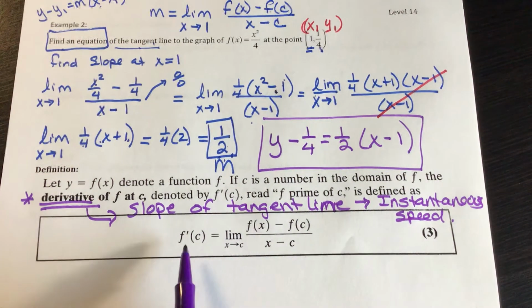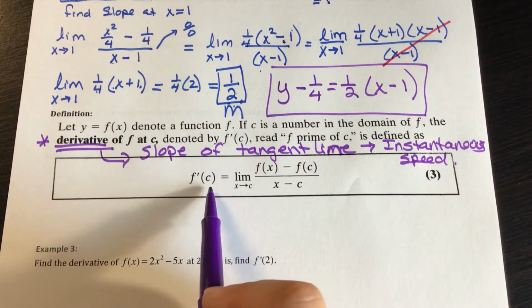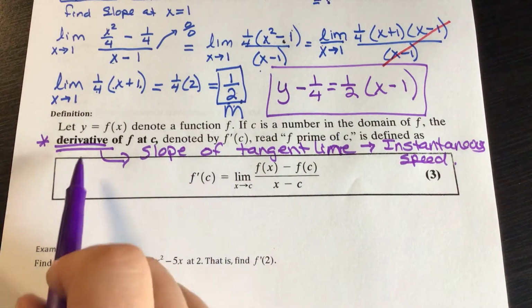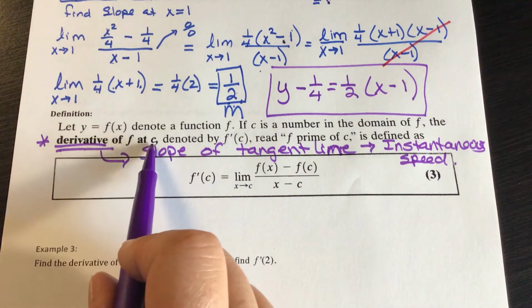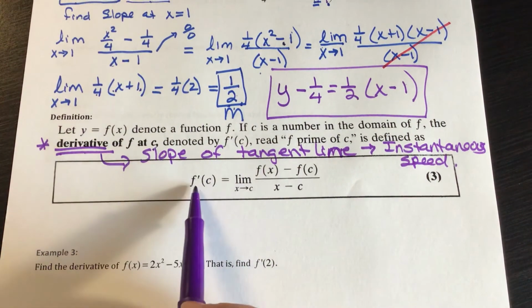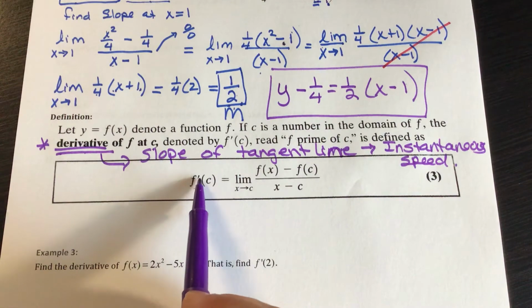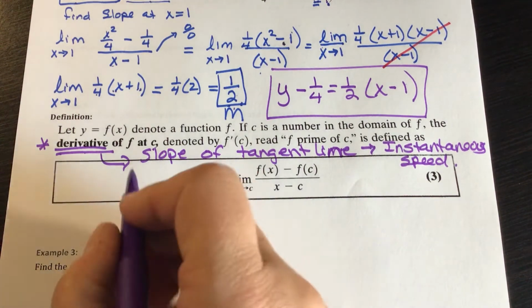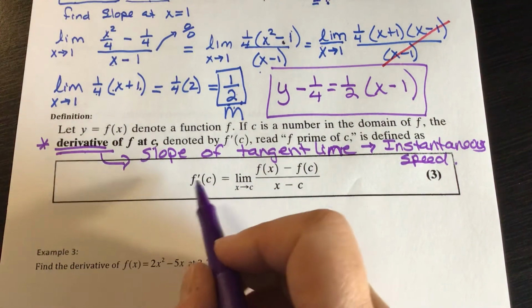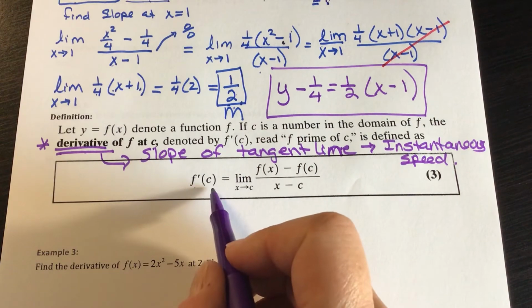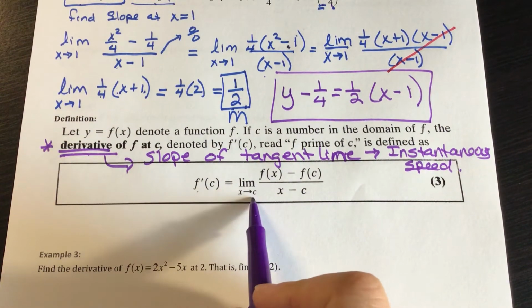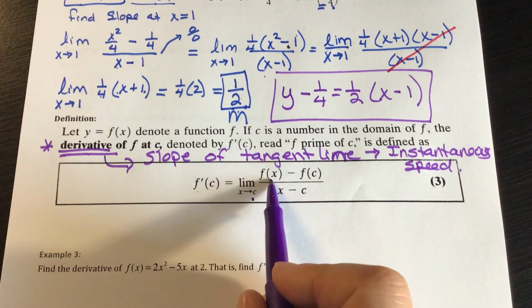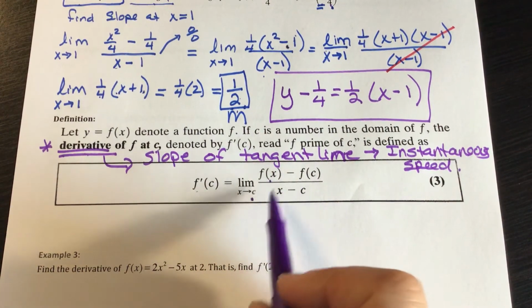All right, so here we have f prime. So this is the derivative of f at some number c. So we use this f prime, or the little apostrophe up there, f prime of c equals the limit as x approaches c of f of x minus f of c over x minus c.